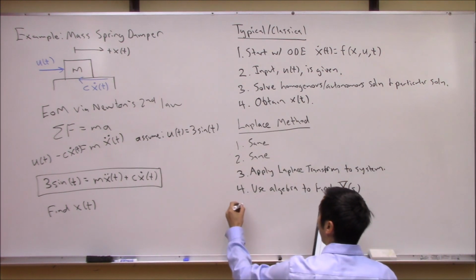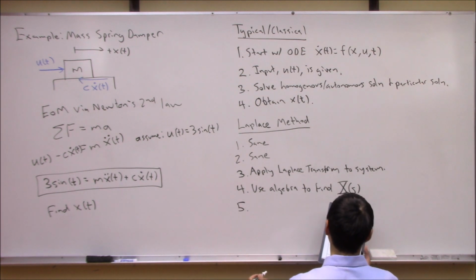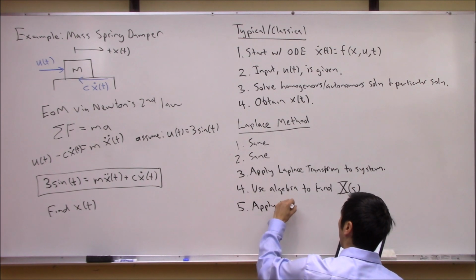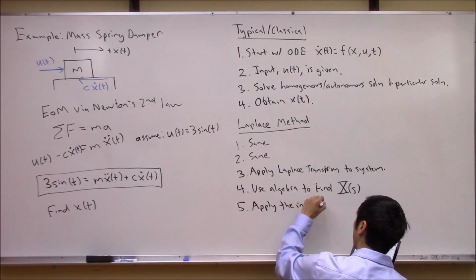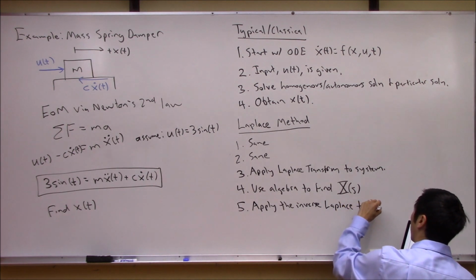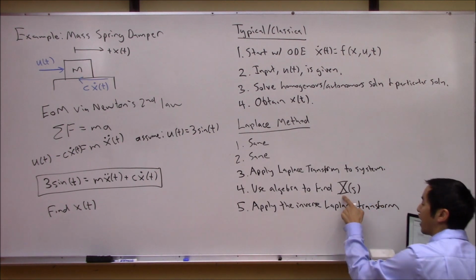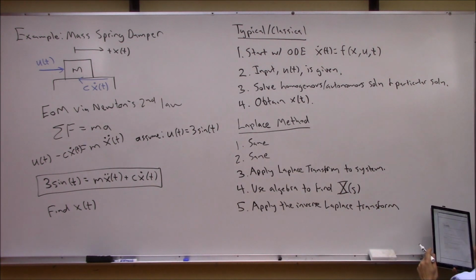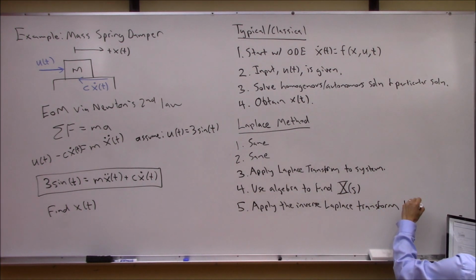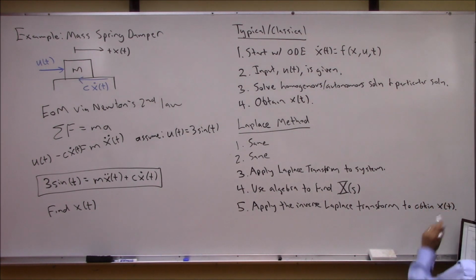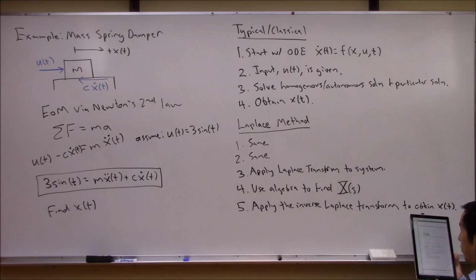Okay, once you have that, step 5 is you just now need to apply the inverse Laplace transform, basically to take the signal from the Laplace domain back to the time domain. So you use this to obtain x of t, which is what you were looking for, right?